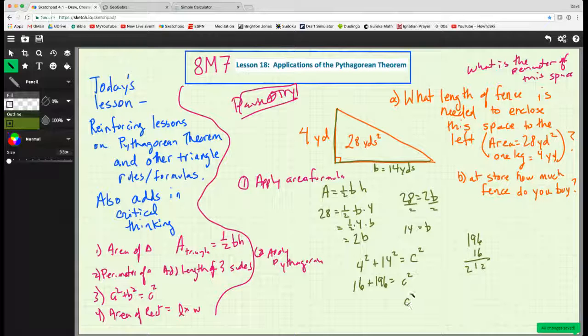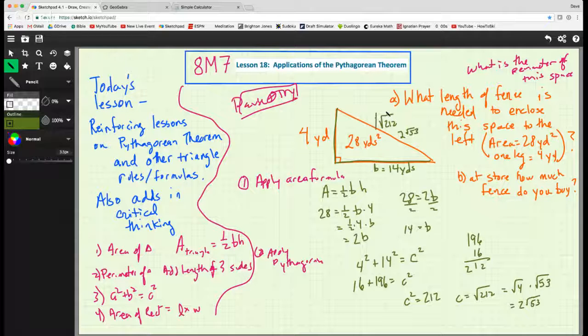So c squared is equal to 212, and c is equal to the square root of 212. We can simplify that: it's equal to the square root of 4 times the square root of 53, which is equal to 2 root 53.